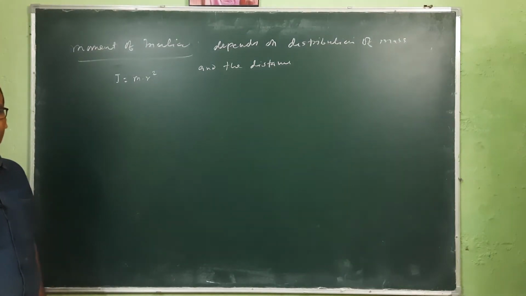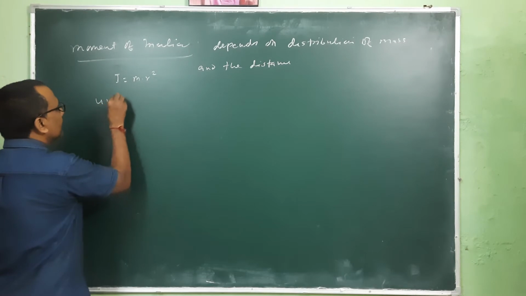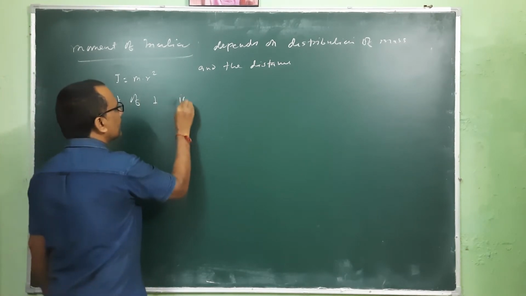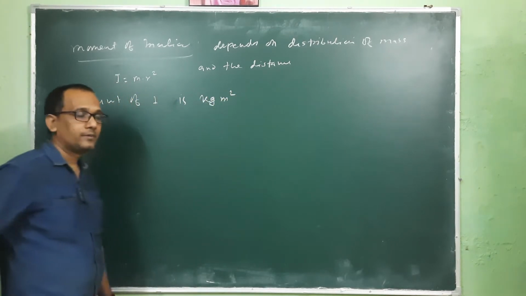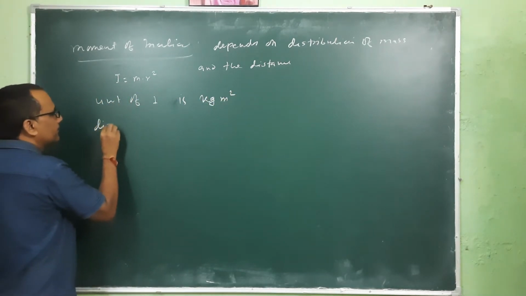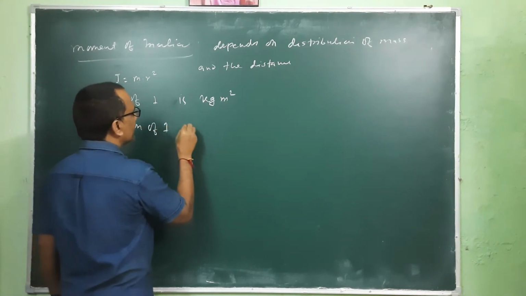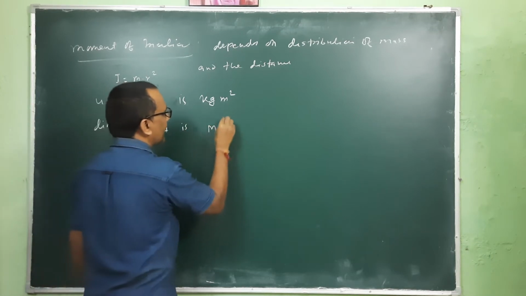So we can get some units and dimension. The unit of I is kg meter square, and the dimension of I is M L square.